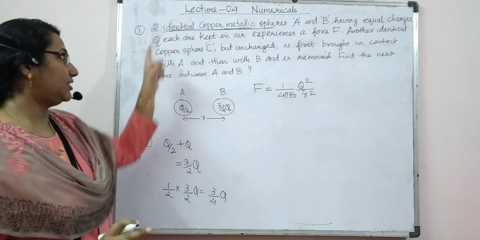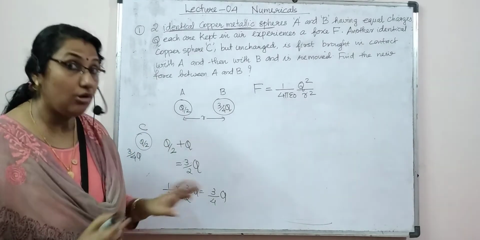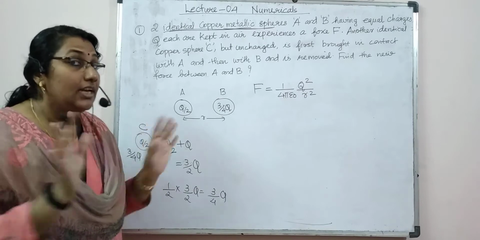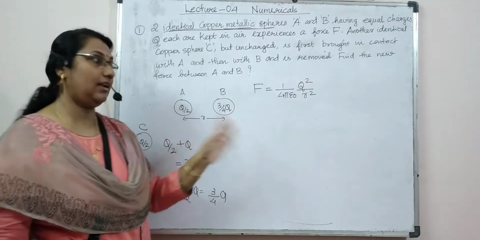During sharing, if the spheres are identical, the charges are shared equally. If they are not identical, they are not shared equally. That will be discussed along with potential and capacitor, the next chapter.